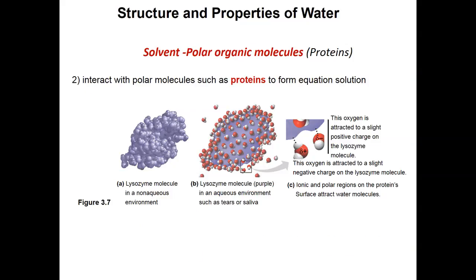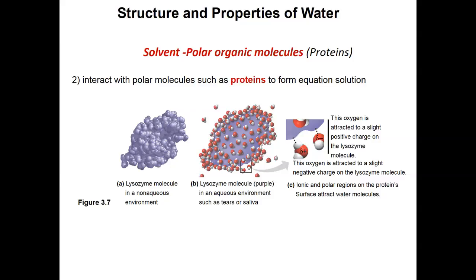So the next thing, in our body we have thousands of proteins floating in the blood and in the cells. All those proteins are also soluble in the water for the same reason. You're going to see that soon. Dr. Lucia is going to come talk about amino acids and peptides and so forth.